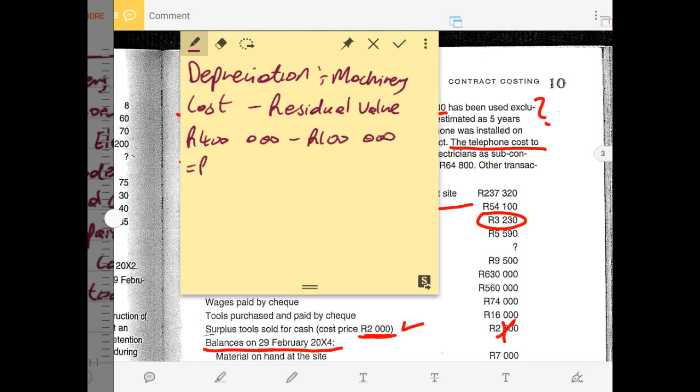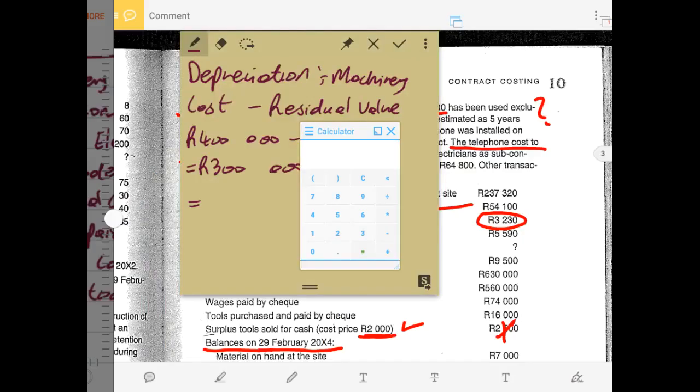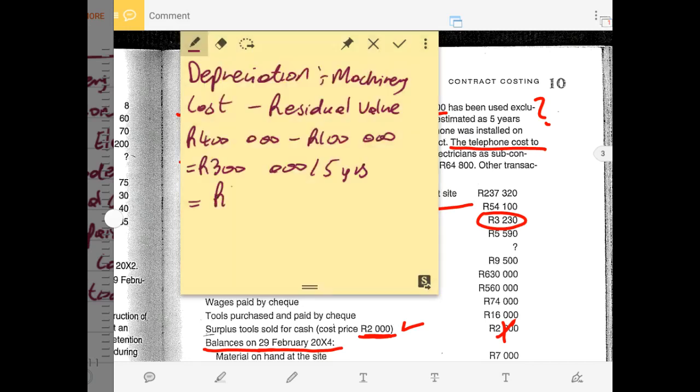Then this will give us the depreciable amount of 300,000, and we divide by 5 years. When we divide 300,000 by 5, that will give us 60,000. This will be 60,000 rands depreciation per annum.